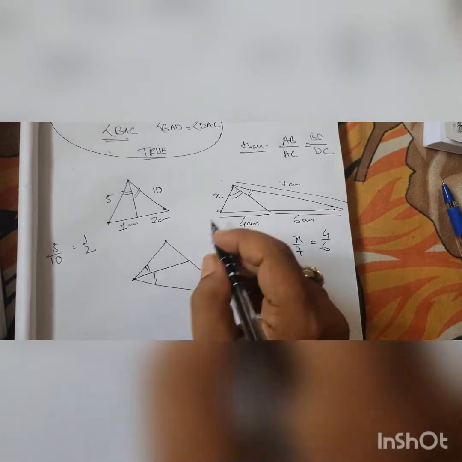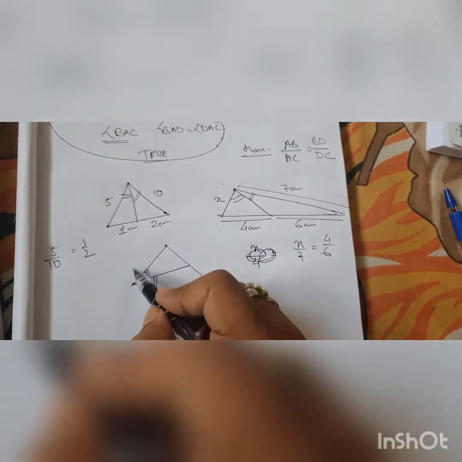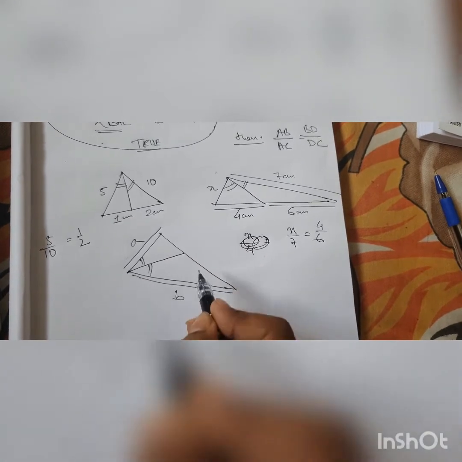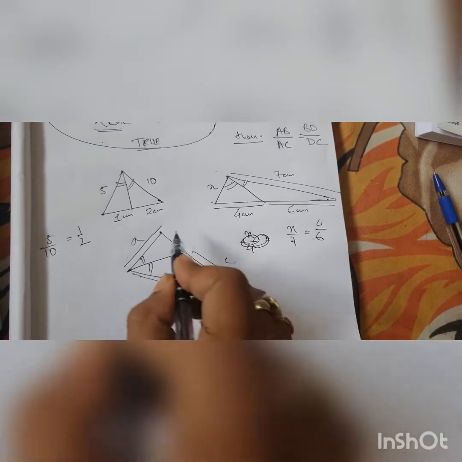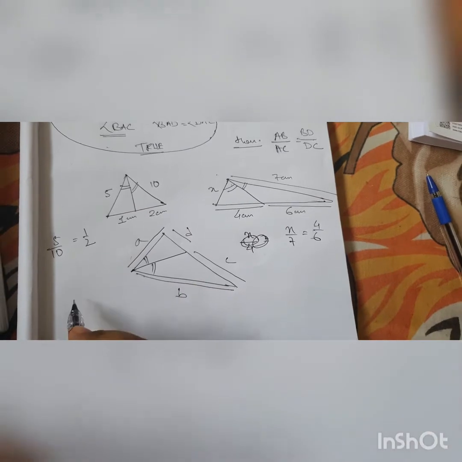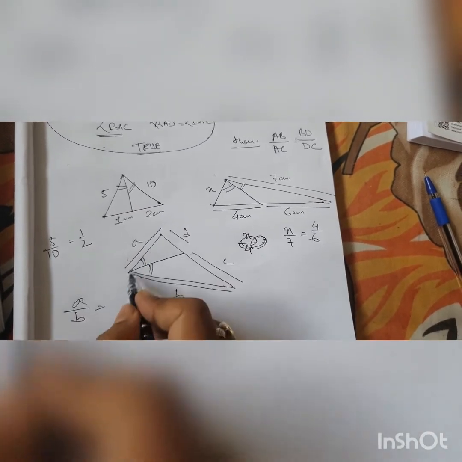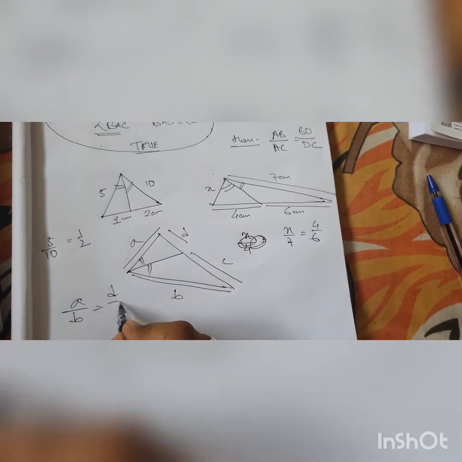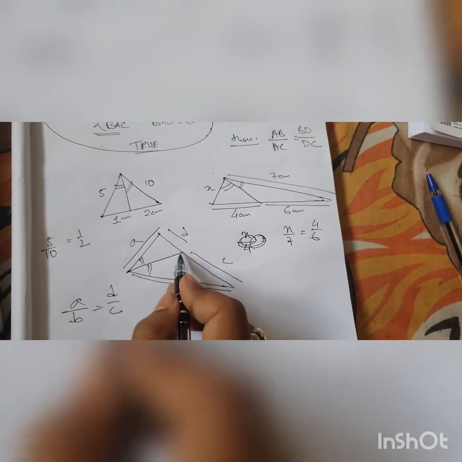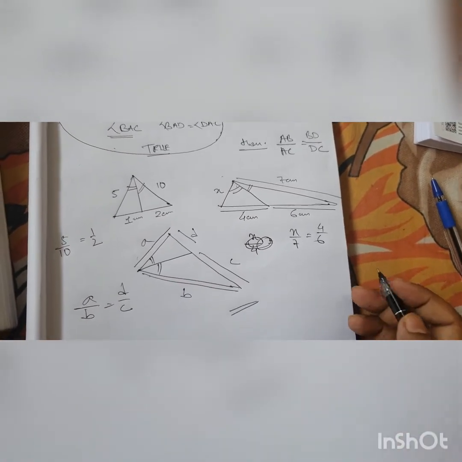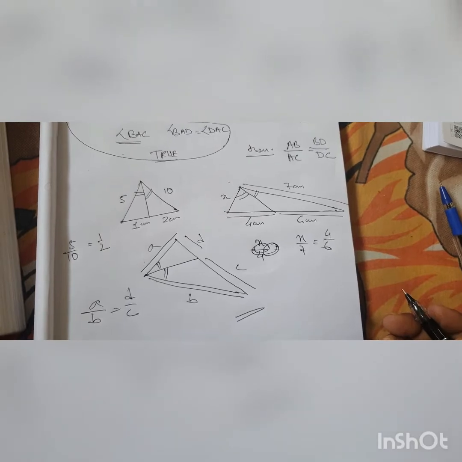Same will be the case of this. If this length is A centimeter, this length is B centimeter, this length is C centimeter, and this length is D centimeter, then A by B must be equal to D by C. This is what the internal bisector theorem means.